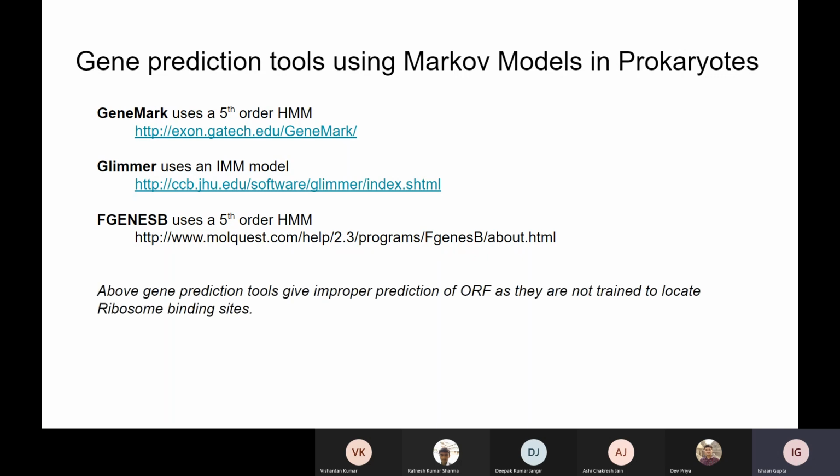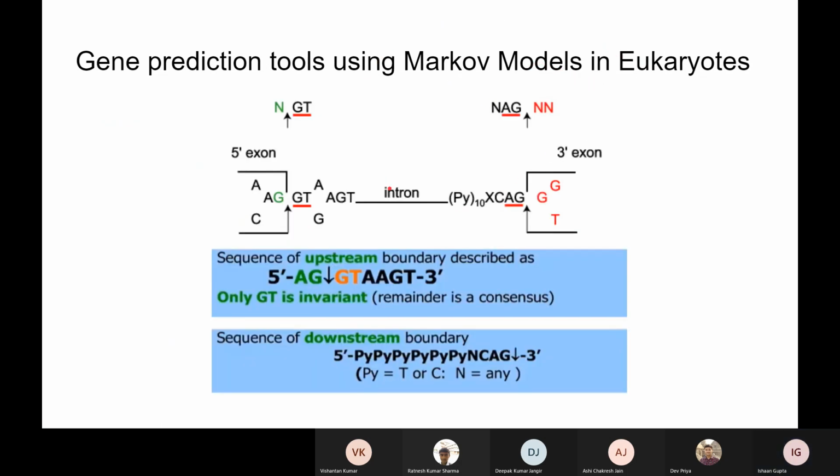The above tools would give improper prediction of open reading frames, as they are not trained to locate ribosome binding sites. So you should always first locate the ribosome binding sites by some kind of a motif searching tool such as RBS Finder. And then once you have found the ribosome binding sites, the sequence that follows the ribosome binding site could be fed into these tools.